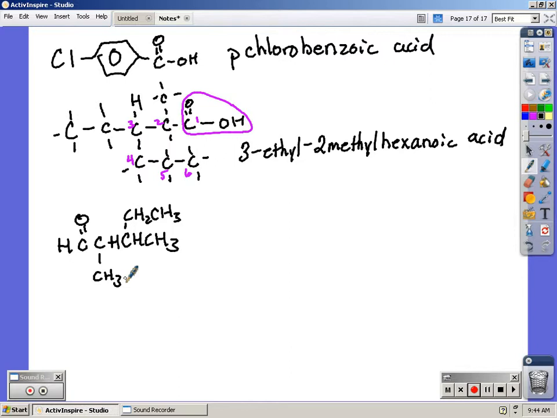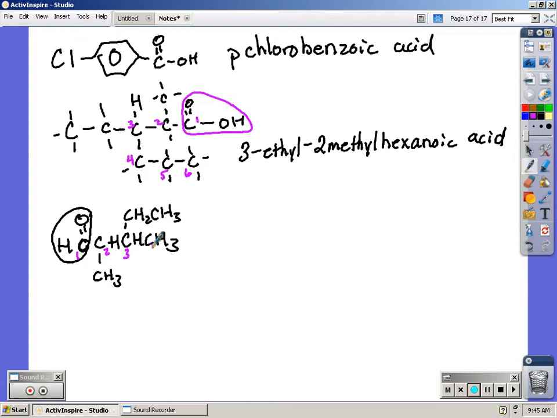Here we have a double bonded oxygen at the end of the chain, so we probably want to start numbering the chain there. So that would be 1 carbon, 2 carbons. I could go down, but that would end my chain. So I'm going to go over to 3. I could go down 1 more carbon, or if I go up, I can get 2 more carbons. So that would be our longest chain there.